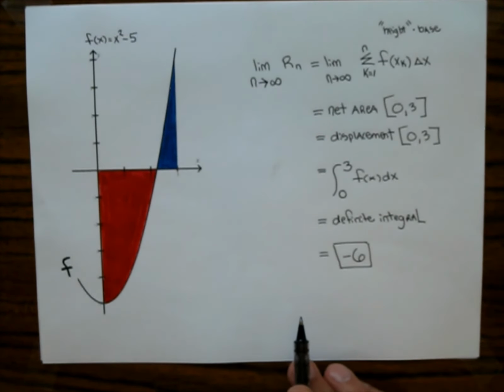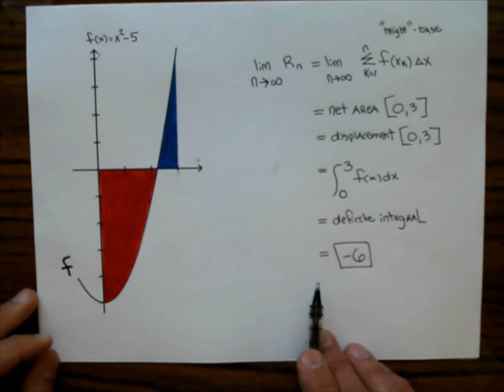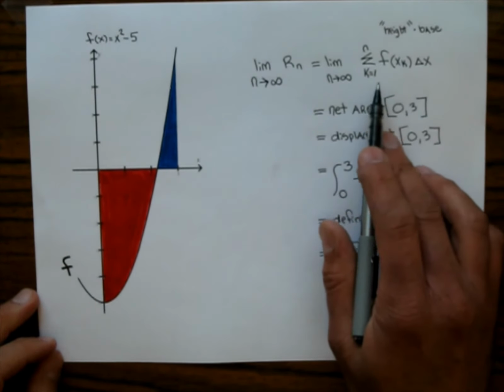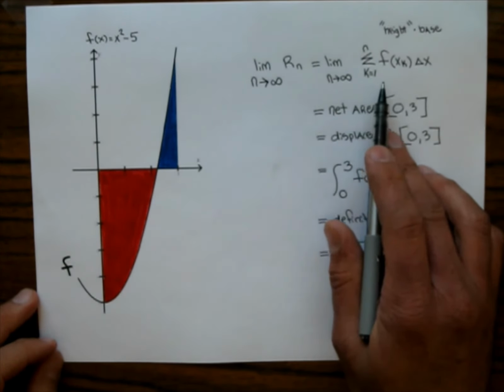Now your book is going to define something called the general Riemann sums, where the lengths of the subintervals of the rectangles, or actually we've been calling them the bases, are not necessarily equal. And they say that a function is integrable on an interval if the limit as n goes to infinity of these right here exists and is unique for all general Riemann sums.